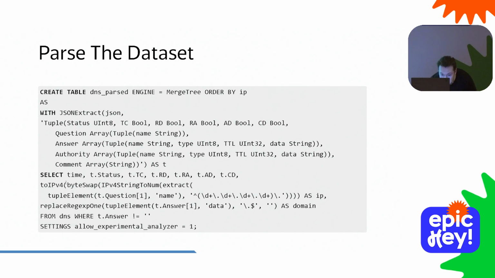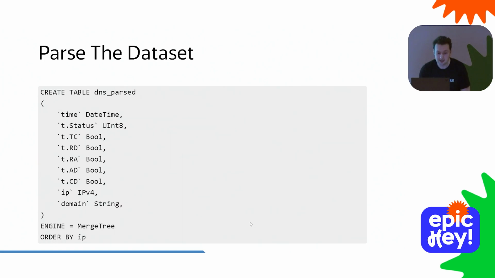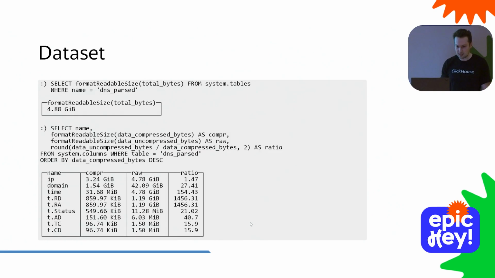So I will extract the IP address with some trickery, and also extract the host name. And I will filter out the records that don't contain a host name. And here is my table with structured data.